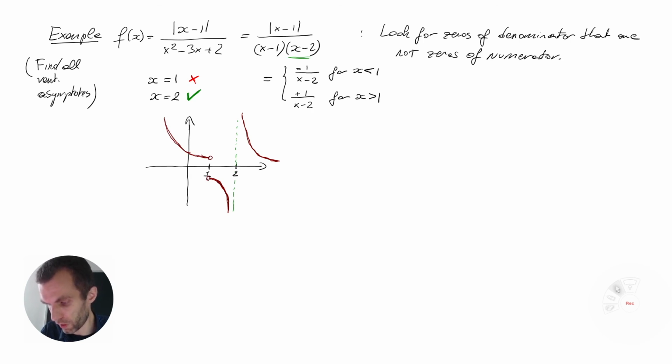And the function is not defined at x equal to 1. So here you see interesting things happen around x is 1, but no vertical asymptote. So the rule here to keep in mind one more time is to look for zeros of the denominator that are not zeros of the numerator.